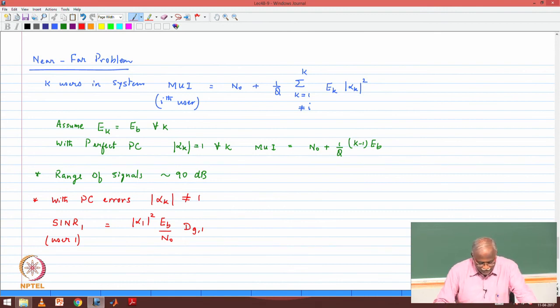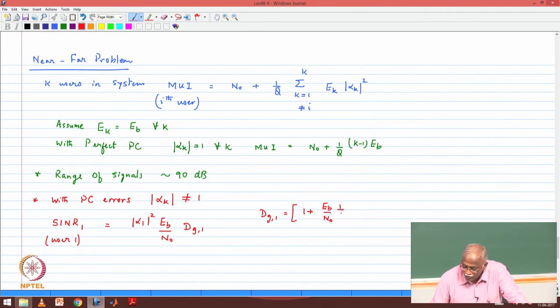The expression for that will be 1 plus E_B by N naught, 1 over q, mod alpha_1 squared, summation k equal to 2 to uppercase K, magnitude alpha_k by alpha_1 squared.